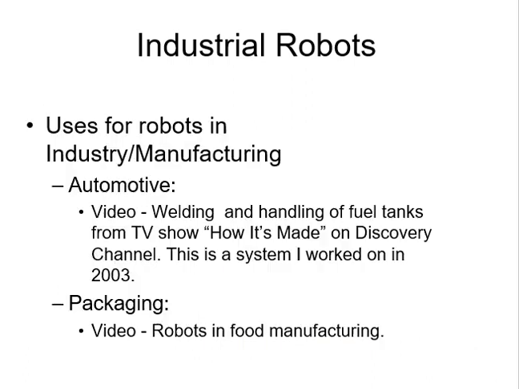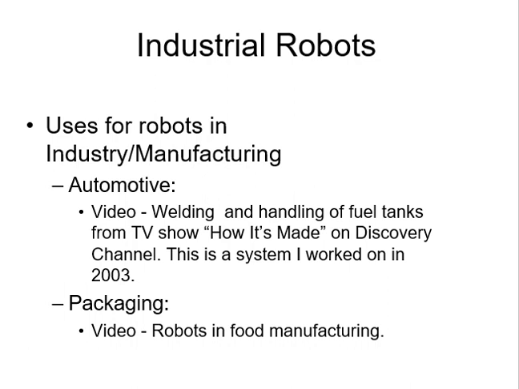And then we are going to see uses of robots in the automotive industry. Robots can be used in welding and handling of fuel tanks from many manufacturing companies. This was investigated on the Discovery Channel show How It's Made.